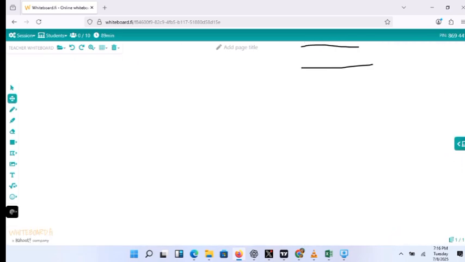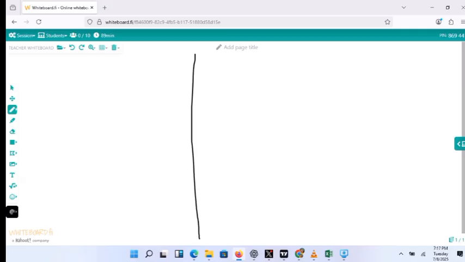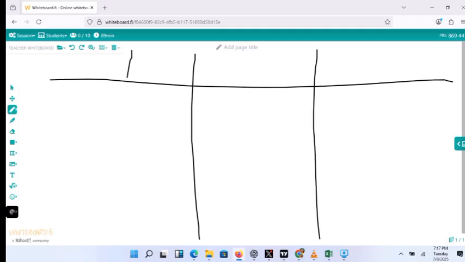Now, this is what? This is a table. This is day 1, day 2, day 3, right?